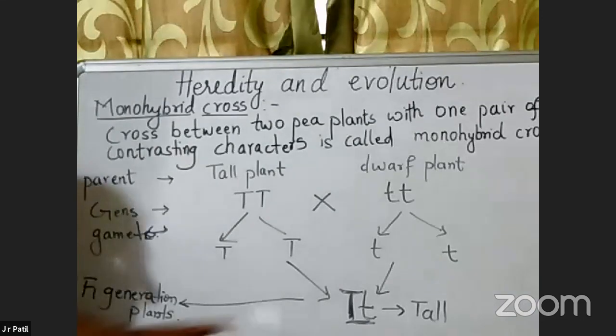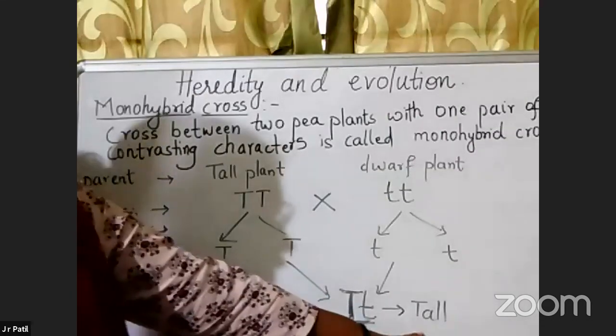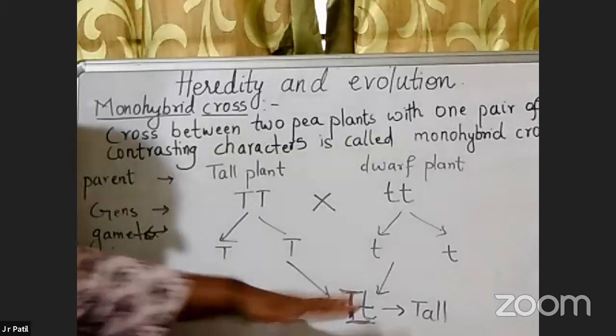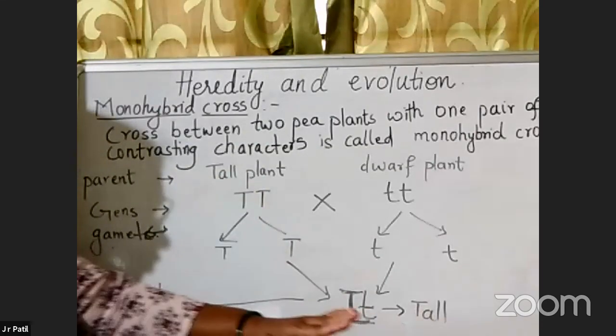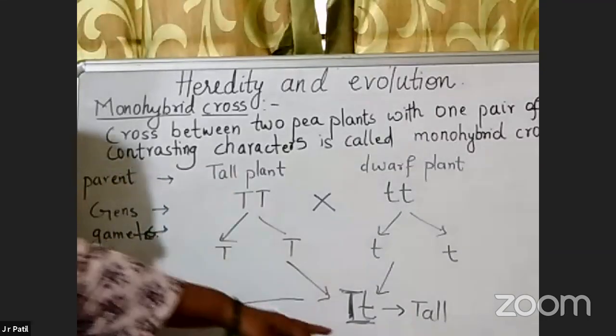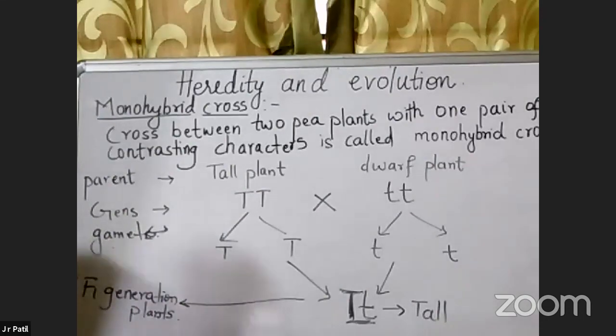So all plants of the F1 generation will be tall. Clear up to here? Important: in the F1 generation, the dominant character is the one that appears. You must remember this. Correct?